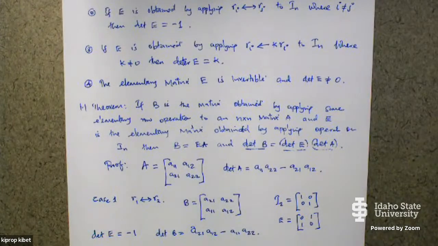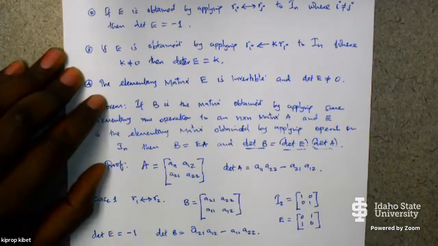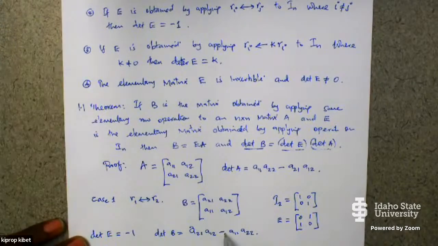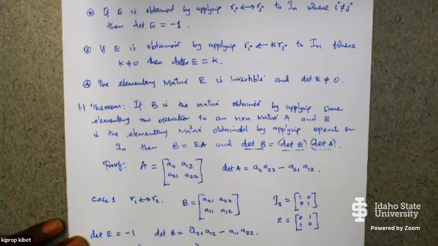That is our determinant of B. Therefore, this determinant of B is the same as if we put the negative outside, so it's the same as negative A11, A22 minus A21, A12, okay?